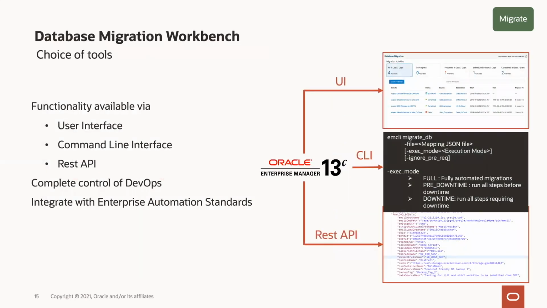There are multiple choices for you to migrate your databases. You could do it via UI, you could do it via CLI, or you could use the out-of-the-box REST APIs for any automation needs. And these REST APIs that are available out of the box can be used for easy integration with third-party tools.